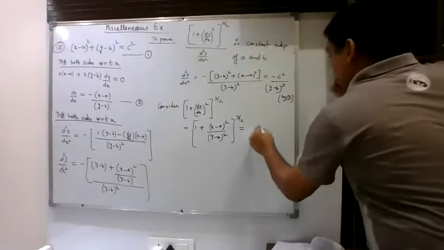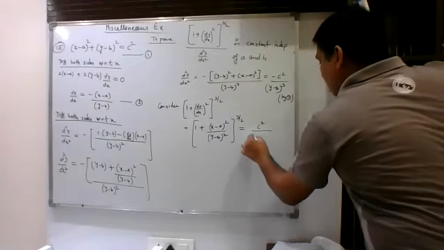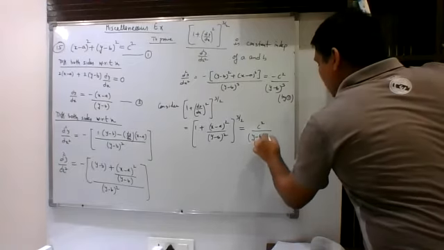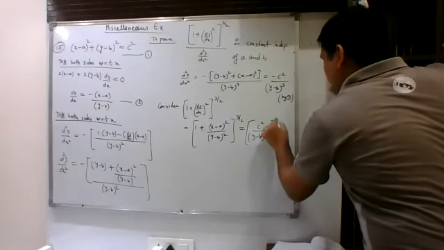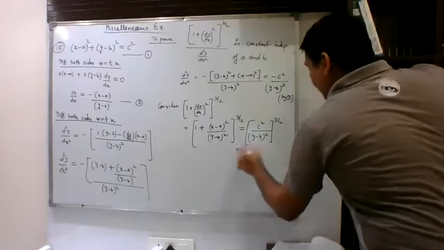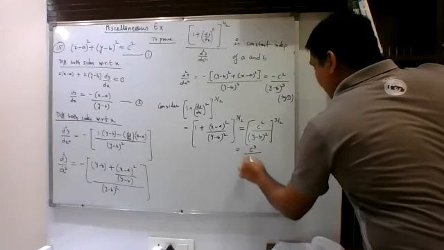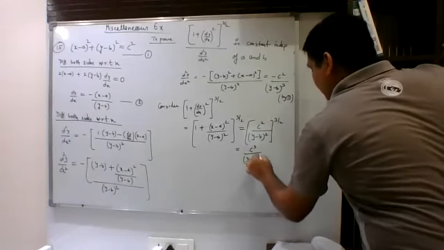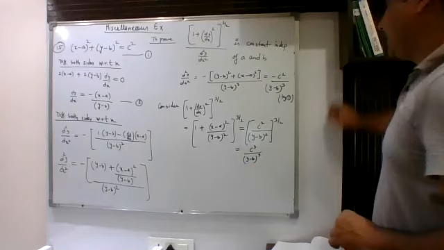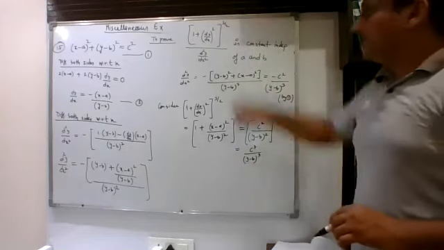So I can write this as c square upon (y minus b) whole square to the power of 3 by 2. After that, further we can rewrite this as this much.